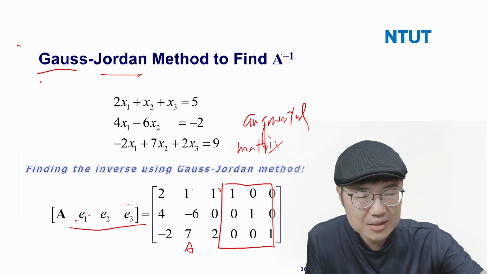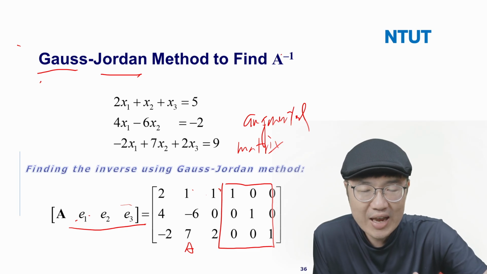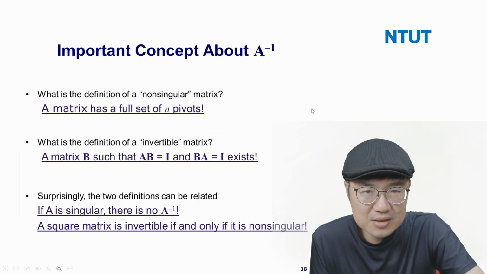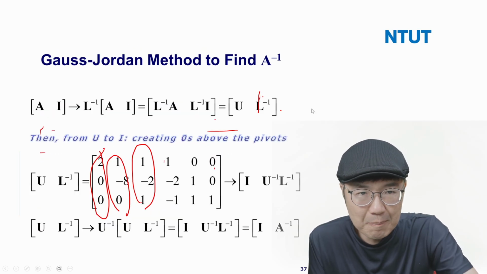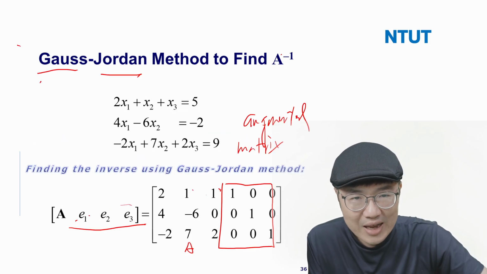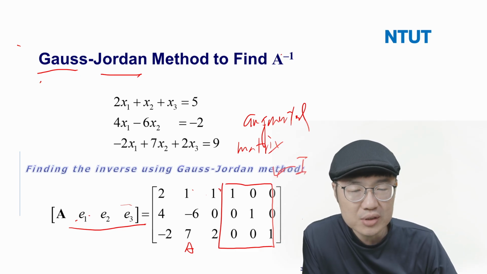So by using the straightforward Gaussian part, we lead A to U. And because we keep doing those manipulations, row operations, the augmented part I will be changed. It will be no longer I.